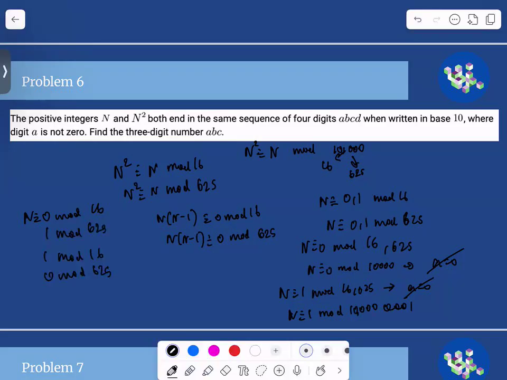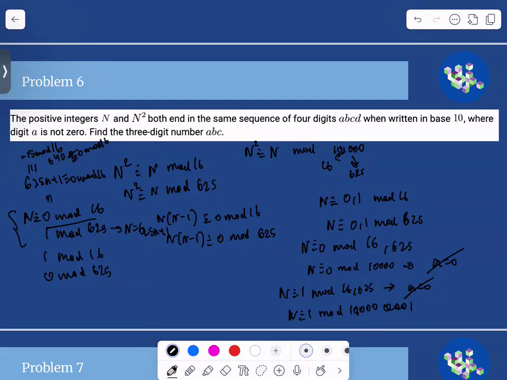And if you check these two and find the solutions, if we consider this first one, then this would mean n is equal to 625 n plus 1. And that means 625 n plus 1 is congruent to 0 mod 16, using our first congruence. And we can note that 625 is congruent to negative 15 mod 16, because 640 is congruent to 0 mod 16, and 625 is 15 less than that.